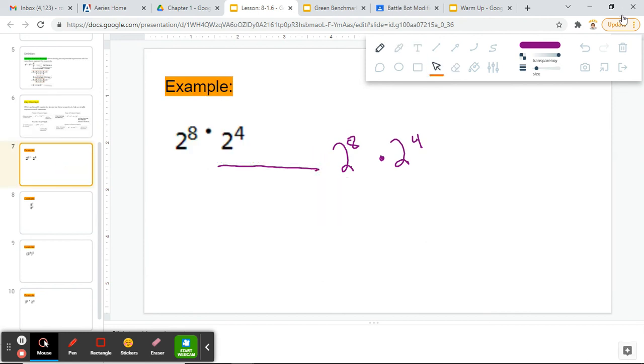Remember, this one tells us that when we have the same base and different exponents, we need to add the exponents. So I can rewrite this as 2 to the 8 plus 4. 8 plus 4 is 12, so this would become 2 to the 12th. See, simple as that. We saw we have the same base and different exponents, so we just need to add the exponents when we are multiplying.